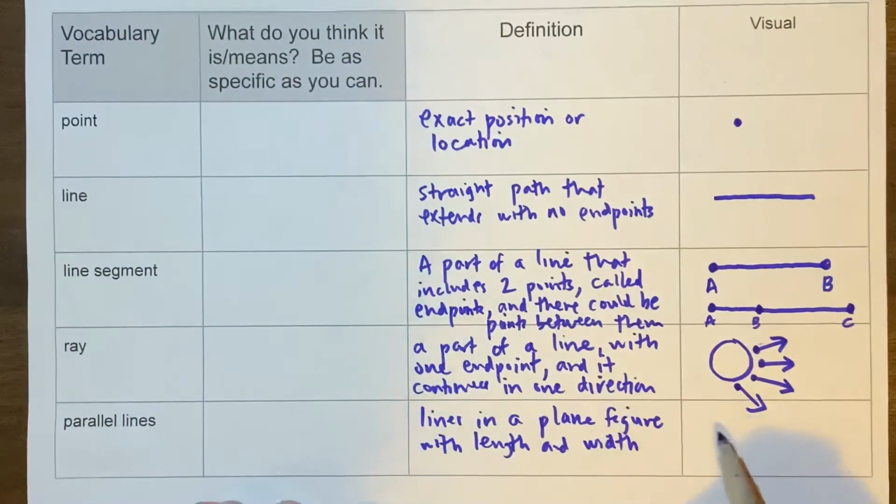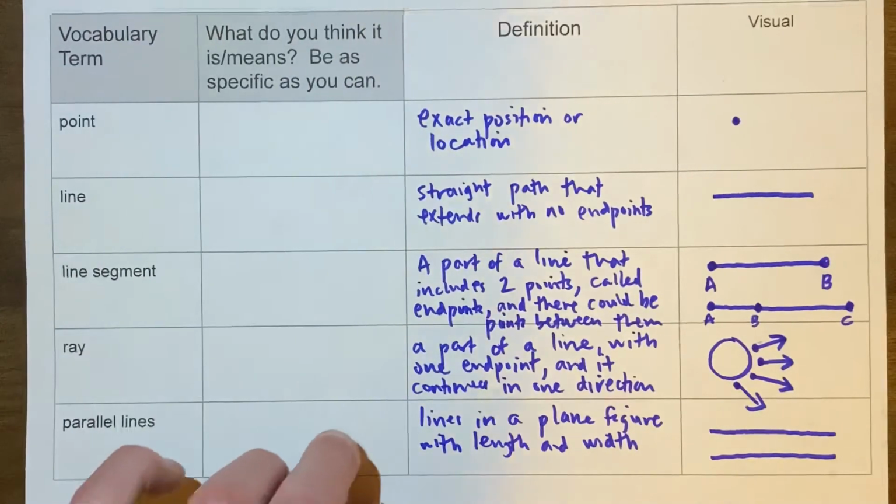Okay, so parallel lines. They have a length to them. They have a certain width to them. In this case, they're both the same. But one thing to keep in mind is parallel lines will never cross. They will stay side by side. And they will never at one point ever meet, and they will never cross one another.